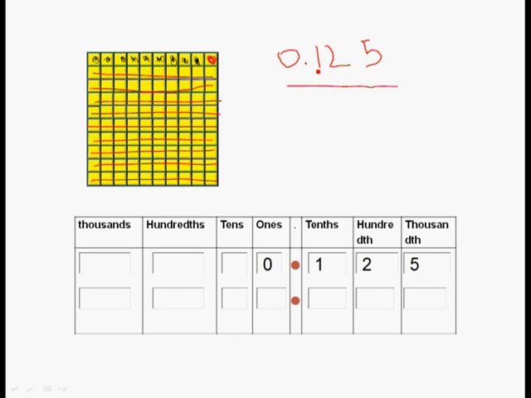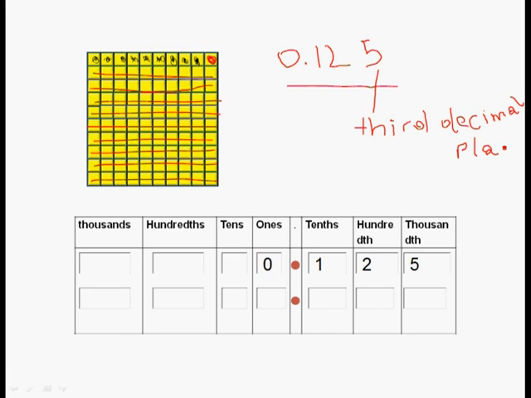So when we talk about decimal places, we're talking about the number of places that the digit is in after the decimal point. So this 5 is in the third decimal place.